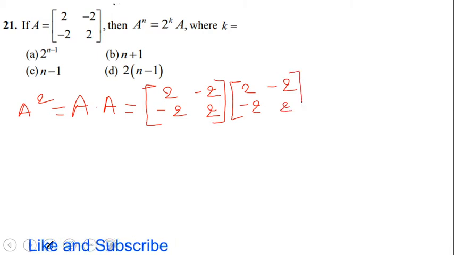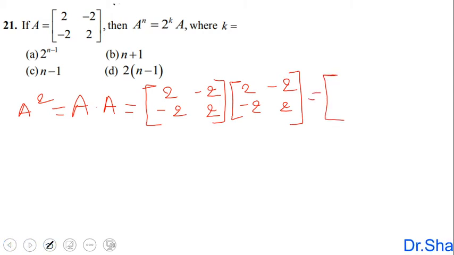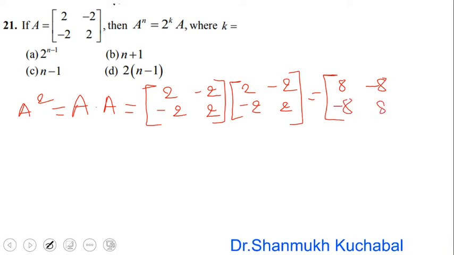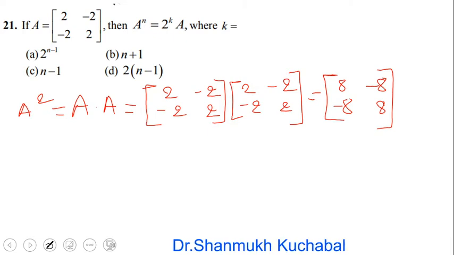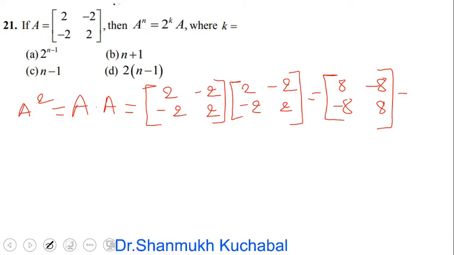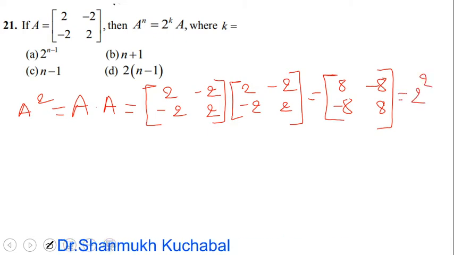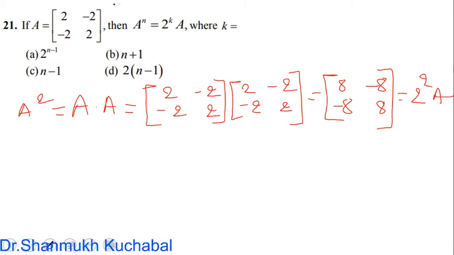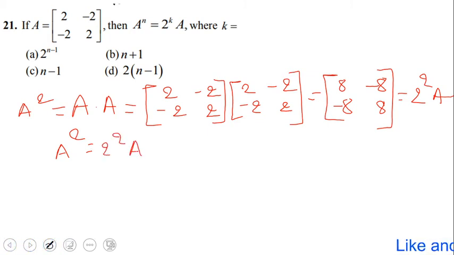Matrix multiplication we have to perform. We get 8 minus 8 minus 8 8, which can be written as 2 raised to 2 into A. So A square is, by using the condition, 2 raised to 2 into A.